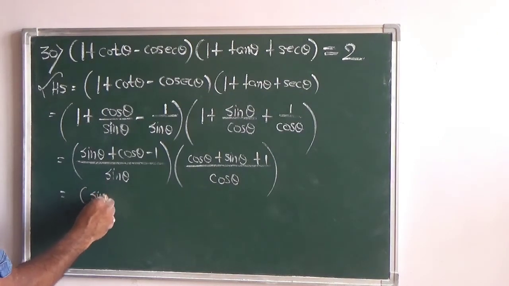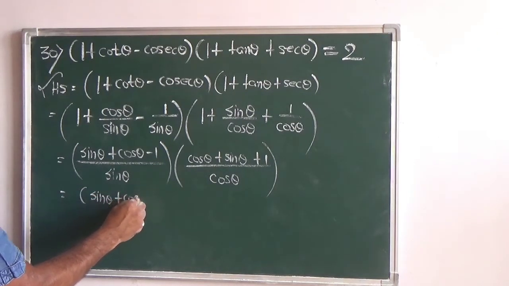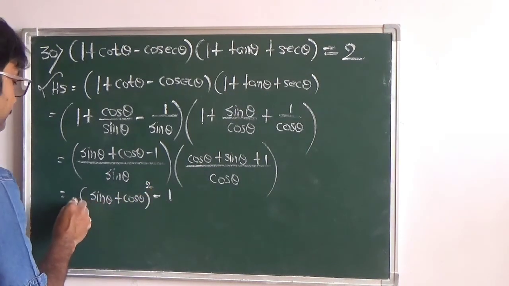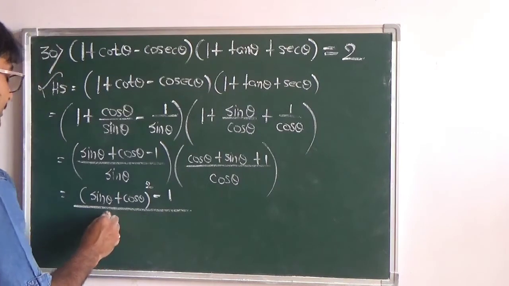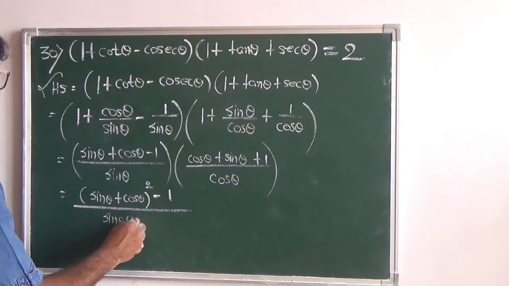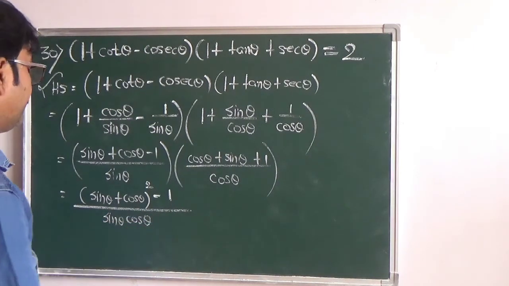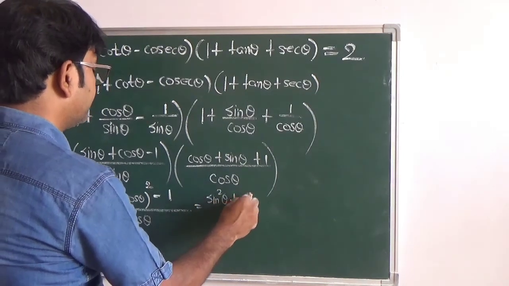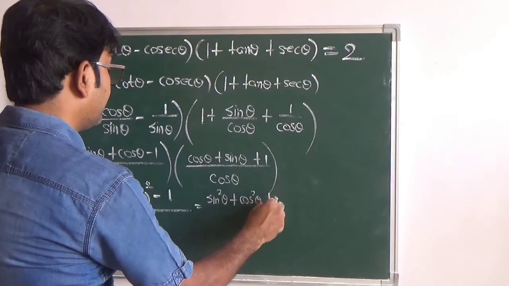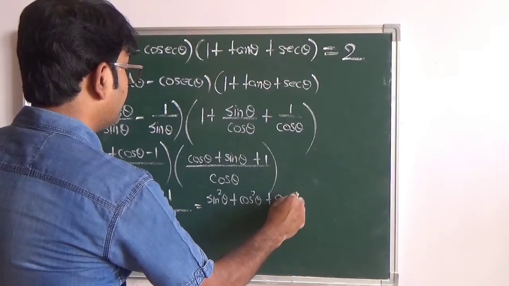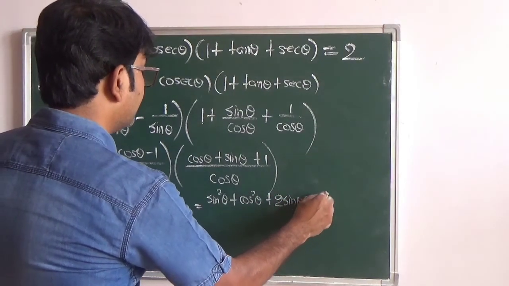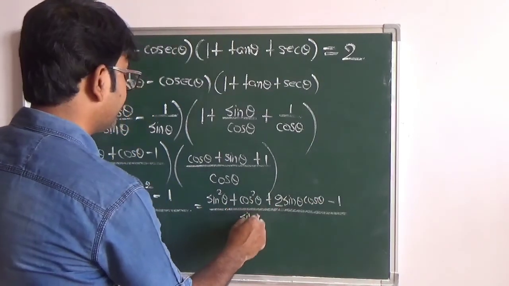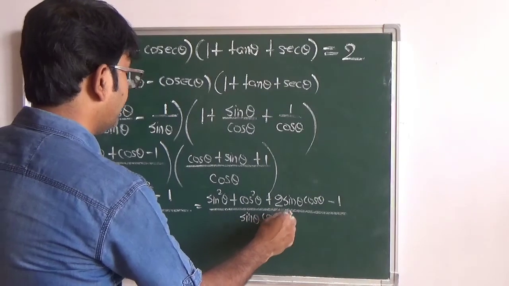You can write it as sin theta plus cos theta whole square minus 1, divided by sin theta into cos theta. Expanding this, you get sin square theta plus cos square theta plus 2 sin theta cos theta minus 1, divided by sin theta into cos theta.